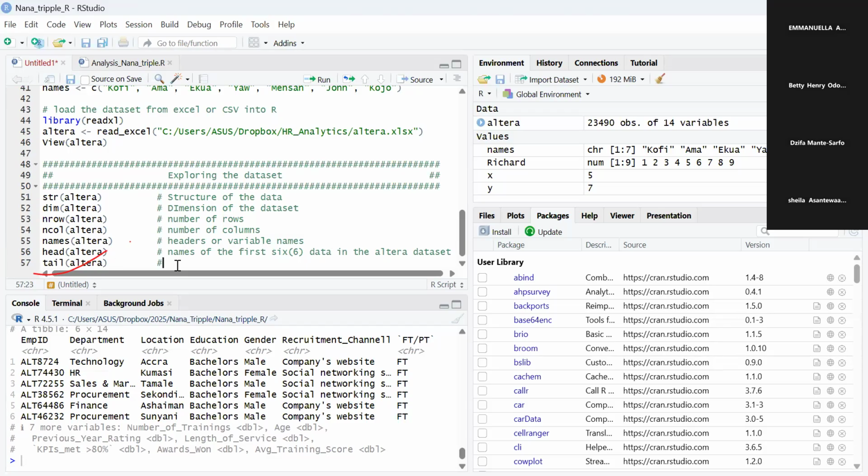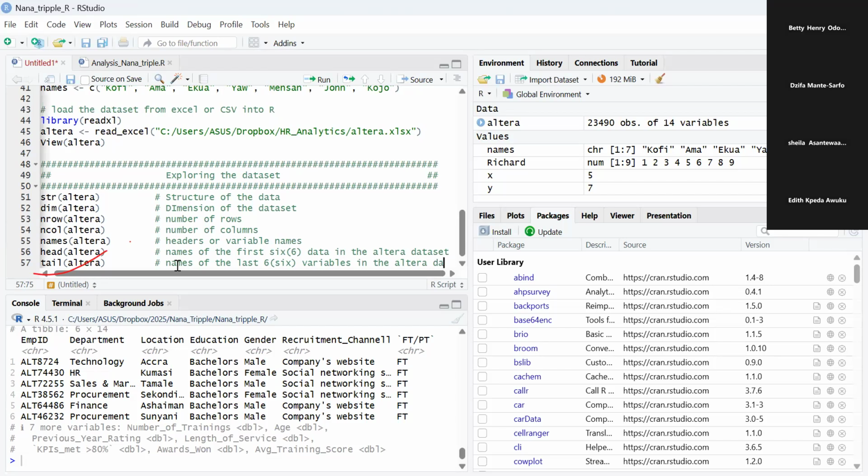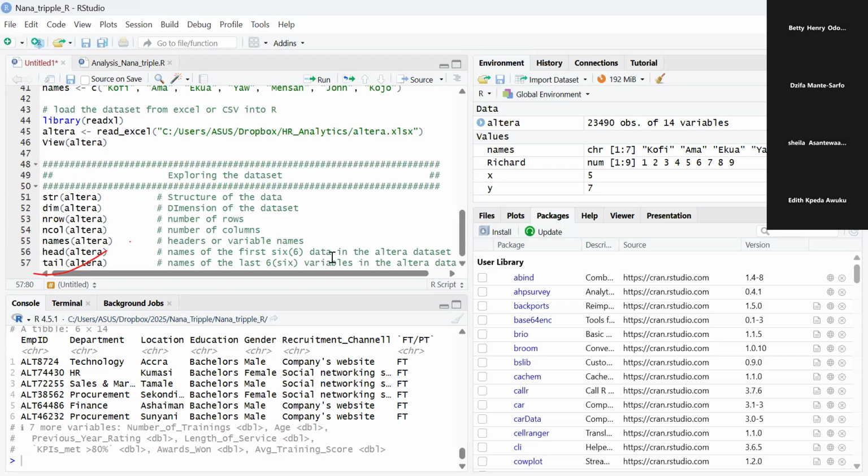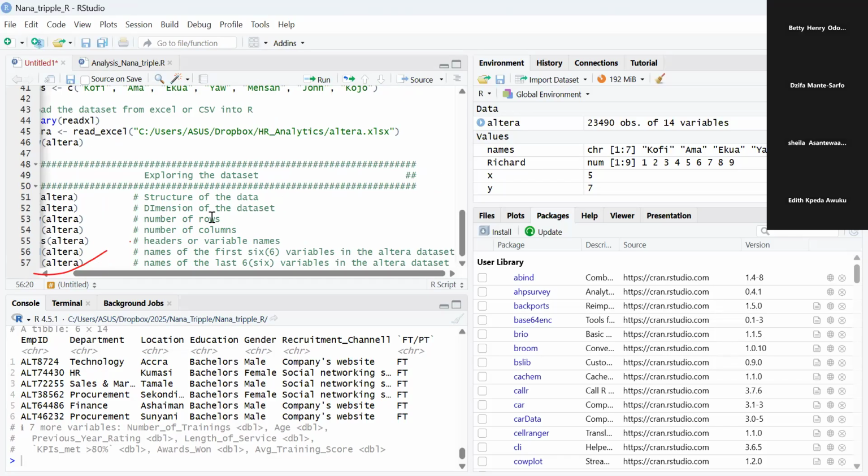Now, if you do tail, it gives you the names of the last 6 variables in the Altera data set. Run it and let's see. It gives you the last 6.